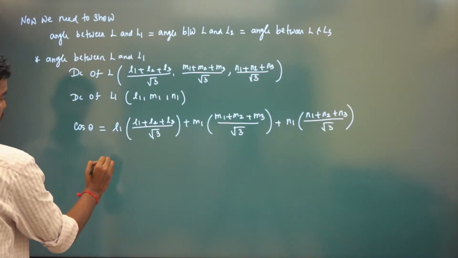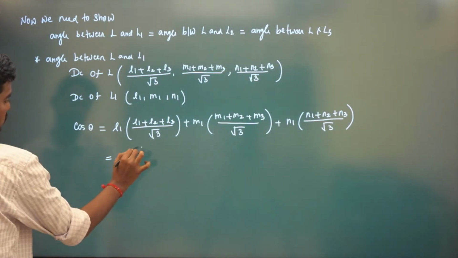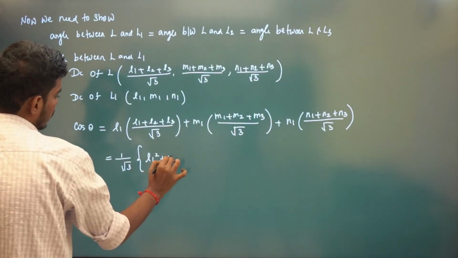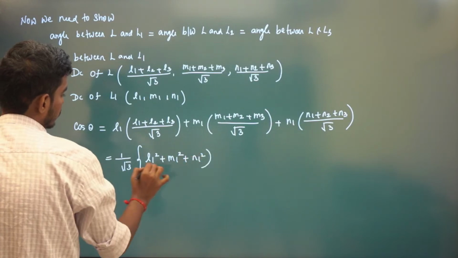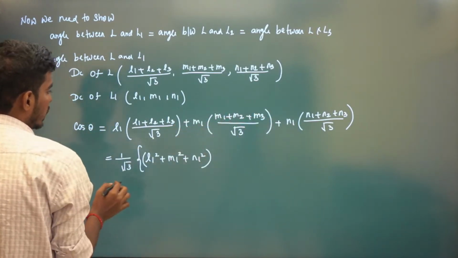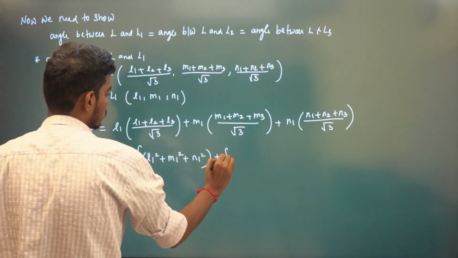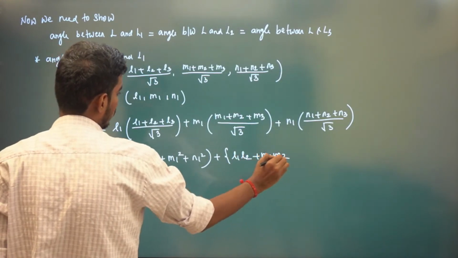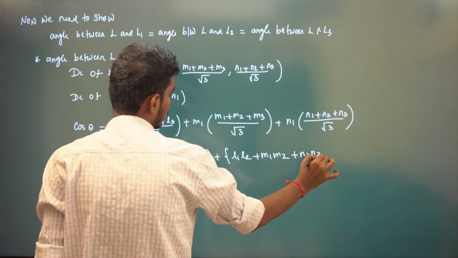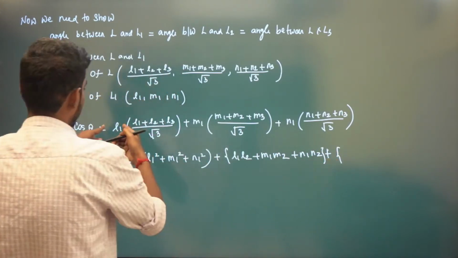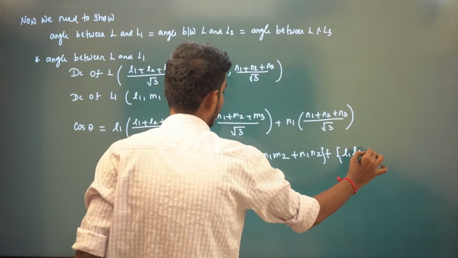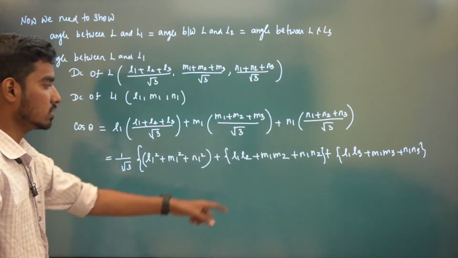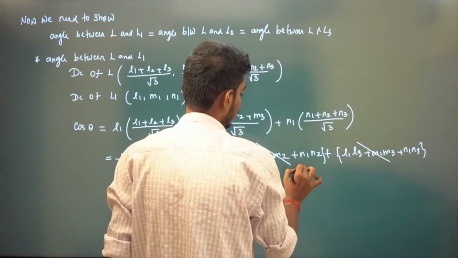Now again, let us take this 1 by root 3 outside. So L1 square plus M1 square plus N1 square, take that as one term. You will have L1 L2 plus M1 M2 plus N1 N2, take this as one term. L1 L3 plus M1 M3 plus N1 N3, take this as the next term. This will be 0, this will be 0 because they are mutually perpendicular.